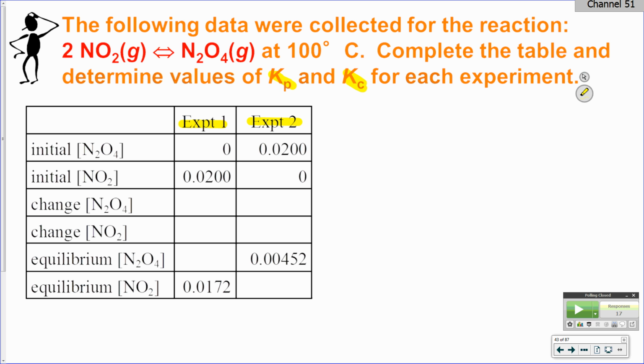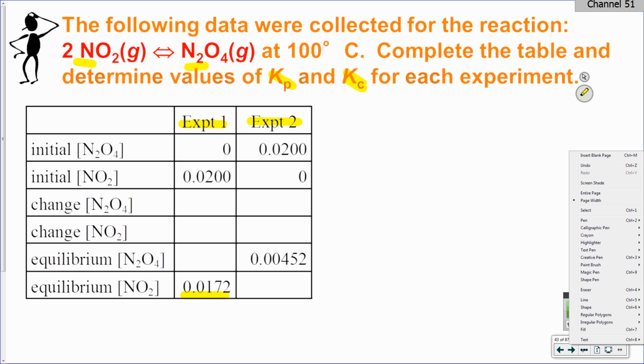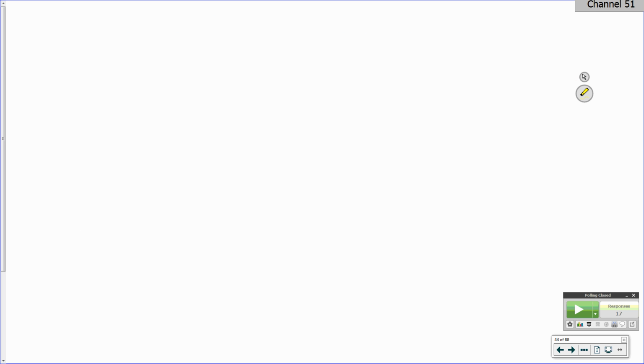So on this one, initially I'm starting with this reactant, and there's none of the product. And it tells me once the system's reached equilibrium, this one has decreased to this amount. So if I were going to start this from scratch, let's talk about how we would do it. Get the blank page there.